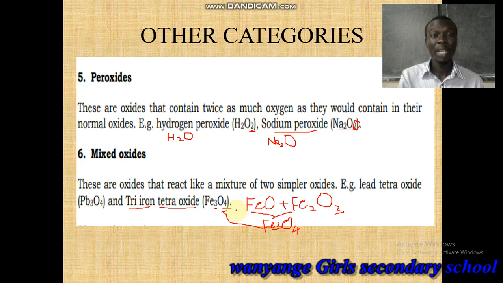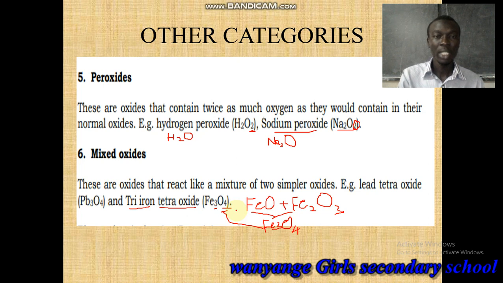But when they are non-metal oxides, they can either be acidic oxides or neutral oxides. Acidic oxides are also called acid anhydrides, and they dissolve in water to form acids, and they react with bases to form a salt and water. Basic oxides dissolve in water to form bases or basic solutions or alkaline solutions, and they react with acids to form a salt and water.